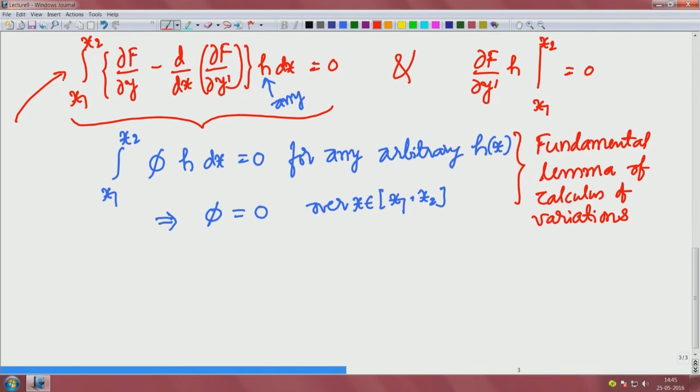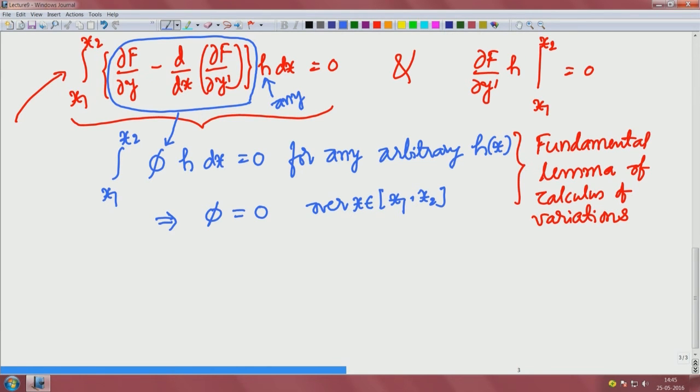We will use that over there, because what is our phi? Our phi now is this portion. For any arbitrary h, this integral phi h equal to 0 is satisfied only if this phi is equal to 0 everywhere.